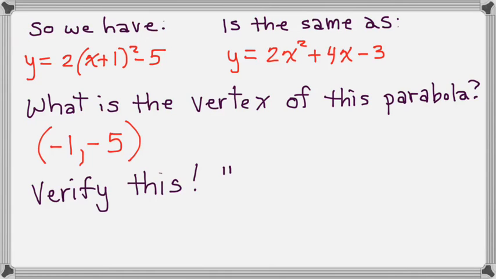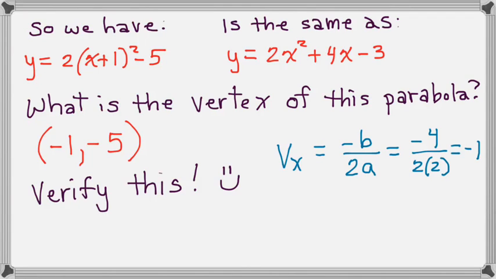Let's verify this. How do we find the vertex in this form? Do you remember the formula we use? Okay, the formula we use for the vertex x coordinate is negative b over 2a. Negative b is the opposite of this, the opposite of 4, and a is 2.